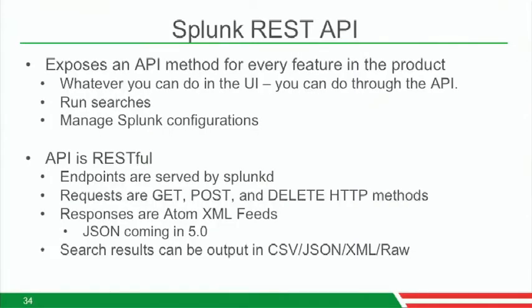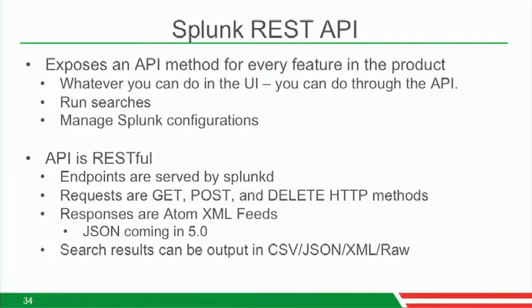Our Splunk REST API, as I mentioned, exposes methods for every feature in the product. Via this, you can input data into Splunk, you can manage Splunk, or you can run searches against Splunk using our search processing language. Our API is totally RESTful, with GET, POST, and DELETE HTTP methods.